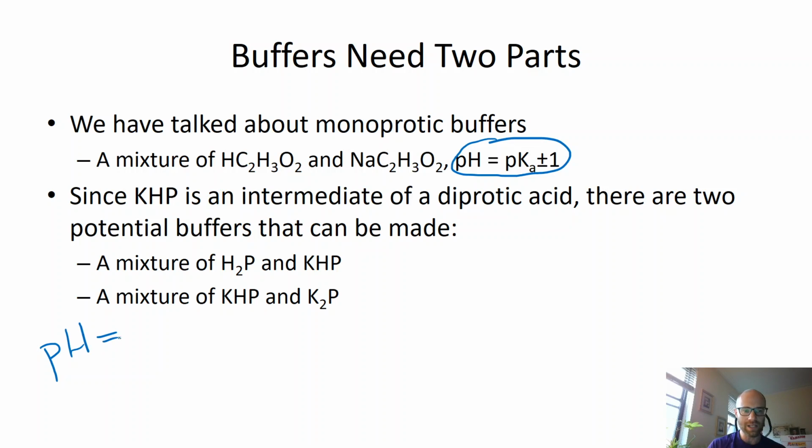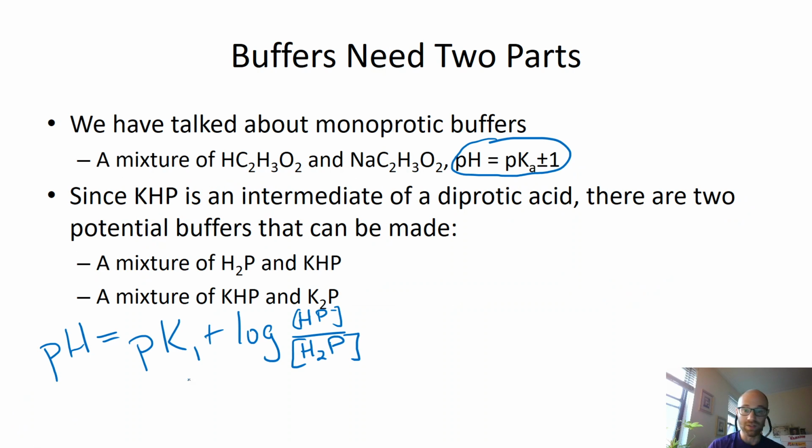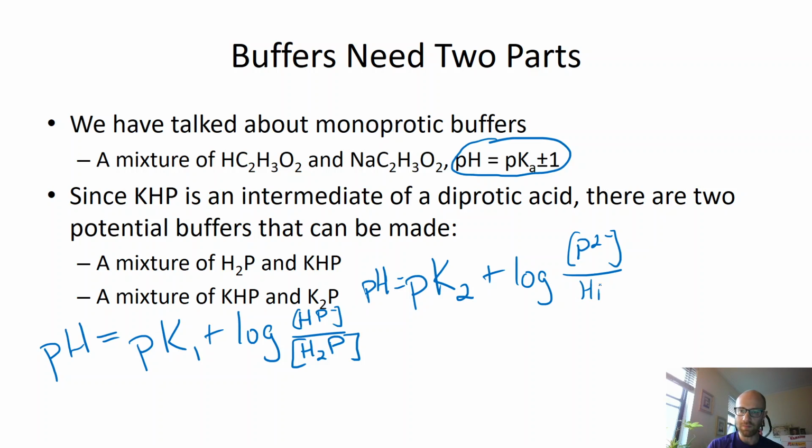I know that there's one case where if I'm using the K1, I would be wanting to use HP minus and H2P, keeping in mind that K1 relates H2P and HP minus. And I could similarly from that build a second equation where pH is equal to pK2 plus log of P2 minus over HP minus.